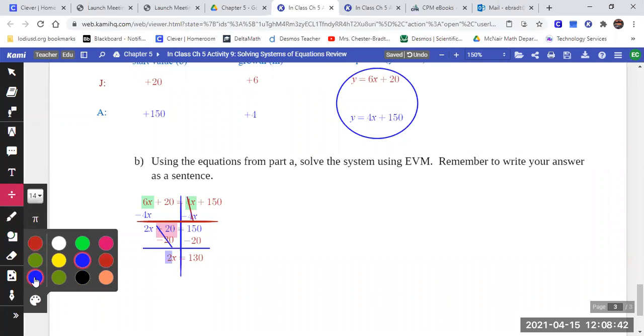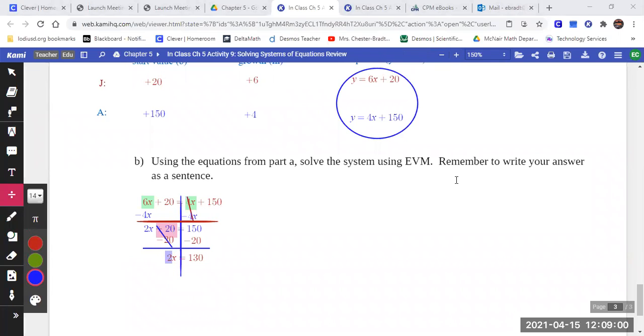When a letter is stuck to a number, what's the relationship? What math operation is happening when we stick a letter to a number? Multiplying. So we have to undo multiply. So we're going to divide by whatever's with the x.